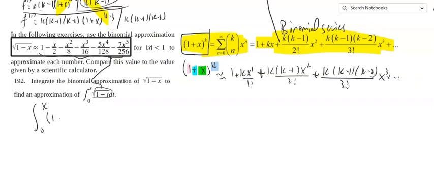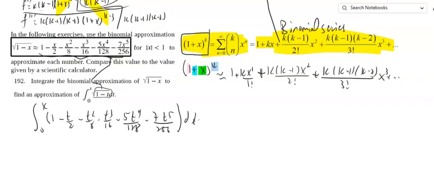So the only thing you have to do is replace x by t. Here they're stopping right there. They're only using the 5th degree polynomial. You know by now how that works. And what would that be? dt.